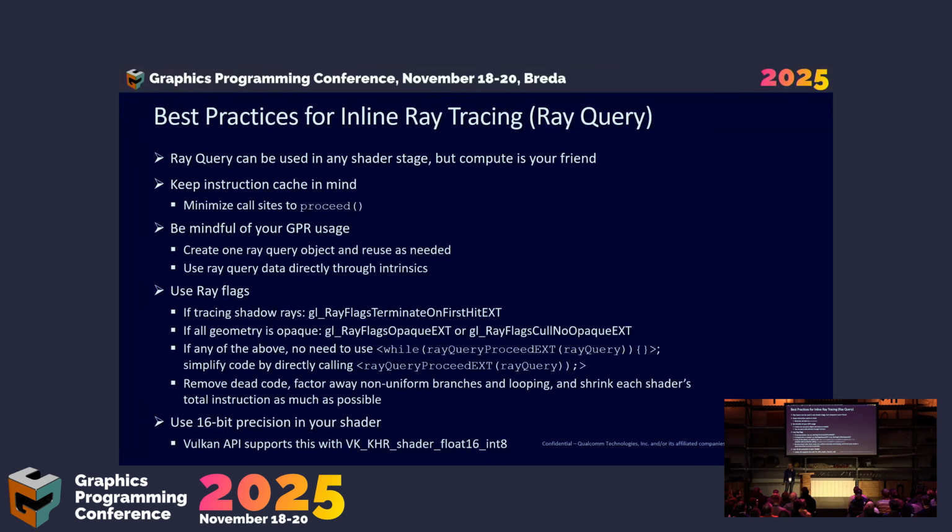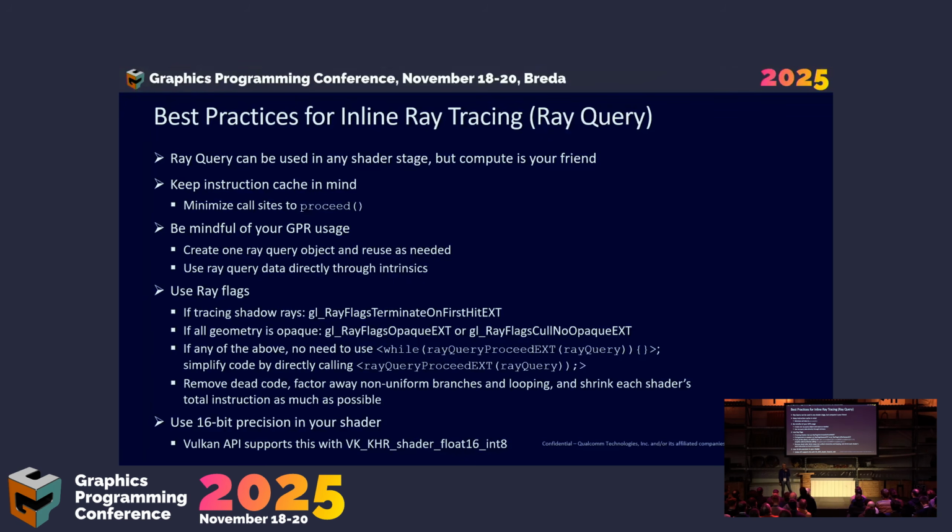You can use ray query in any shader stage, but we prefer if you use ray query in compute shaders for various reasons. One of the big points is that compute can complete out of order, while your fragment and vertex shaders cannot. There is a certain order that is imposed there.